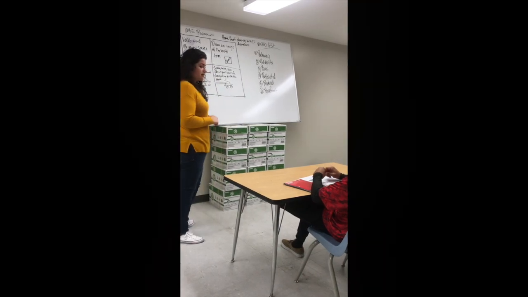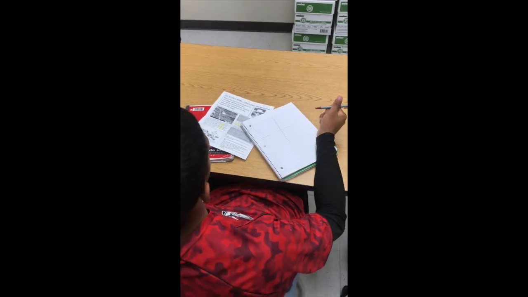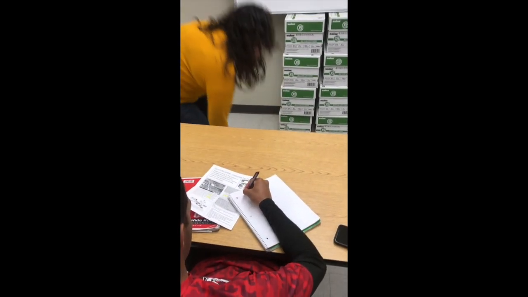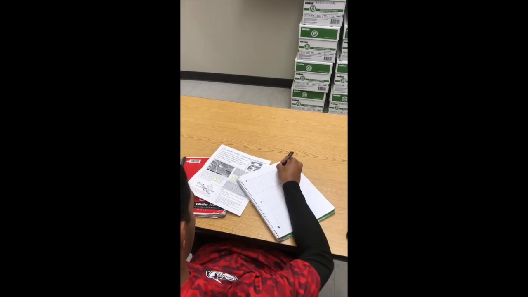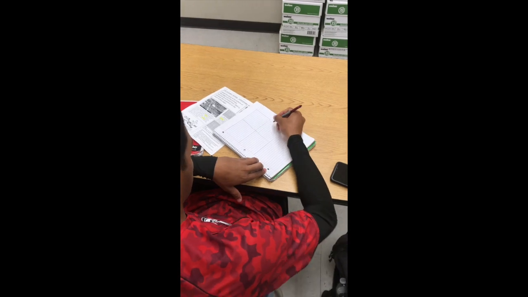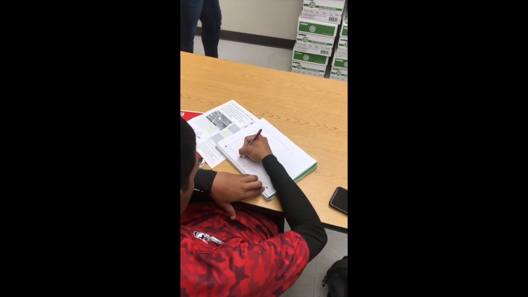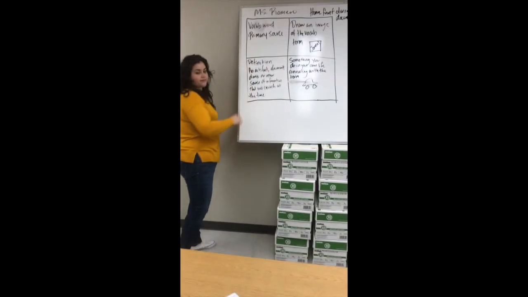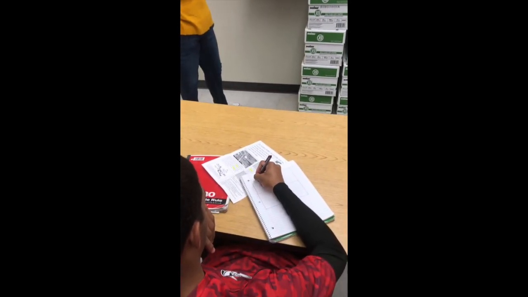So in your notebook, make sure you have the outside as well, the box. Okay. Yes. So good job. Okay, so I want you to write vocab word on your top left square.